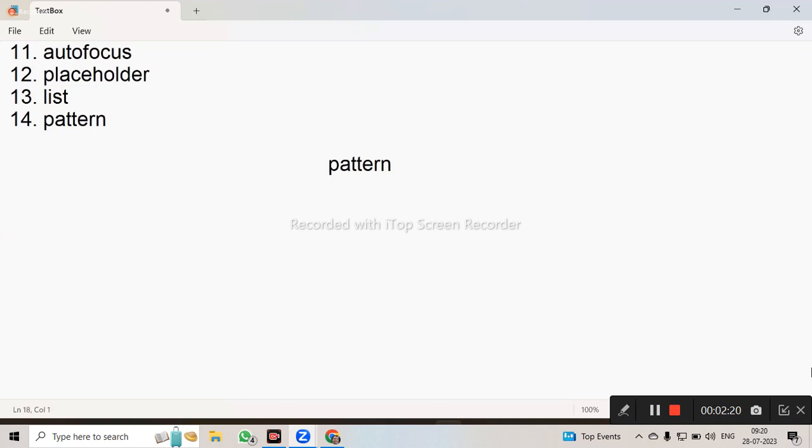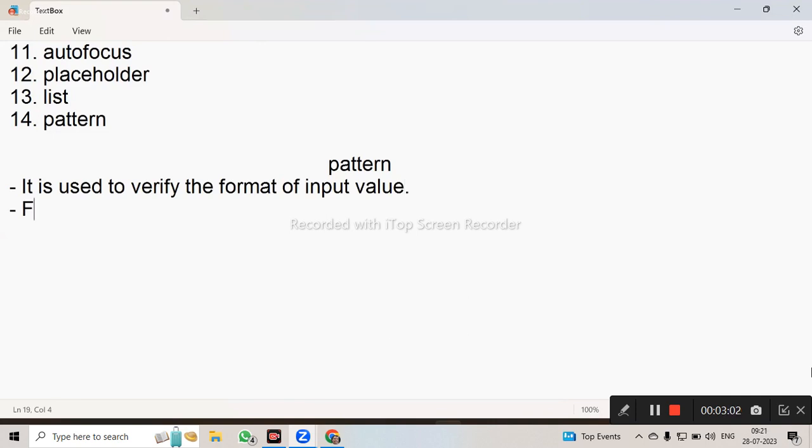So what is pattern? Pattern is used to verify the format of an input value. That means it is used to check whether the input value format is as expected or not. What is meant by format?